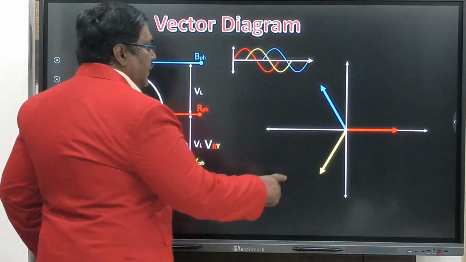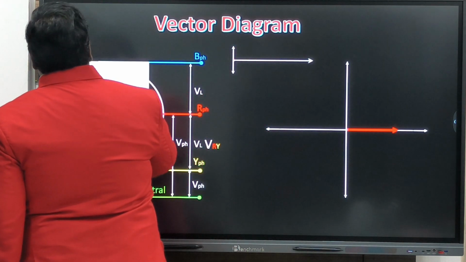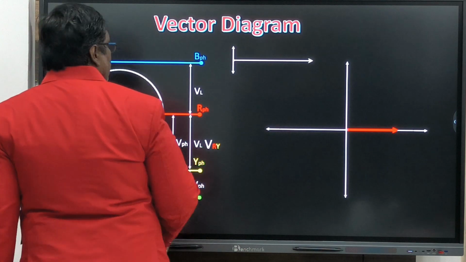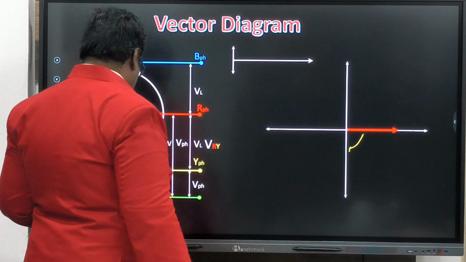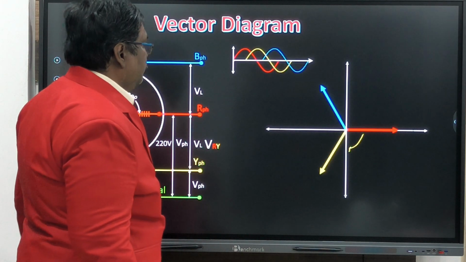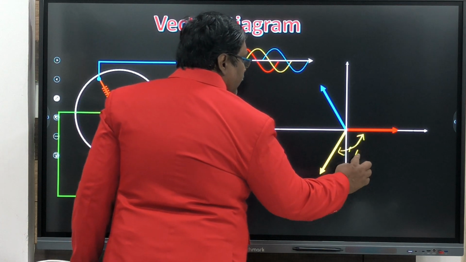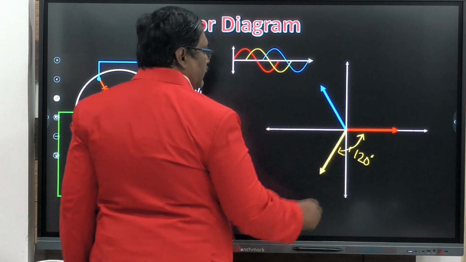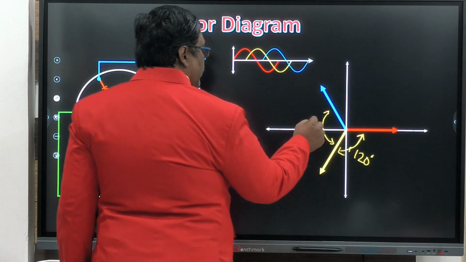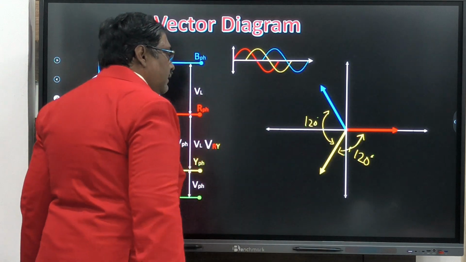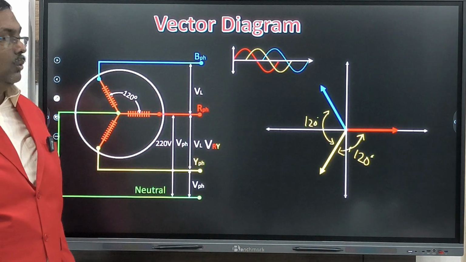That means the yellow is 120 degrees lagging from the red, and blue is another 120, that is 120 plus 120, 240 degrees lagging from the red phase.